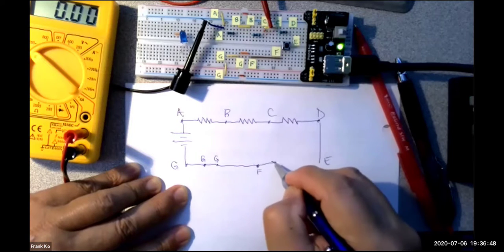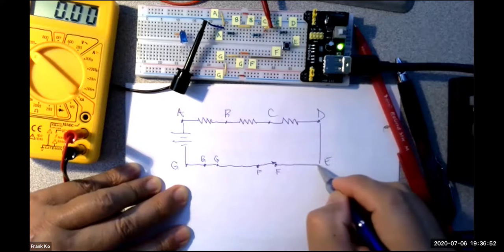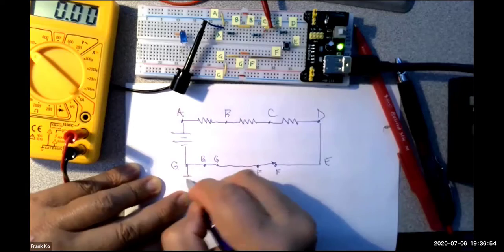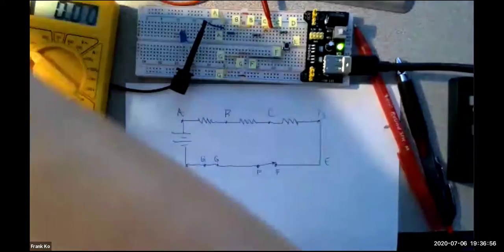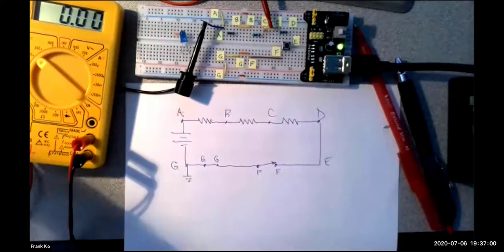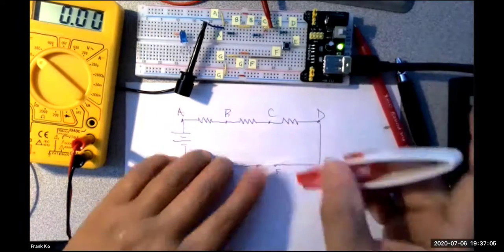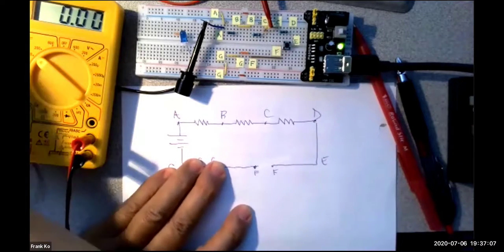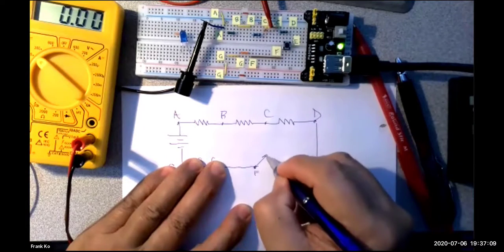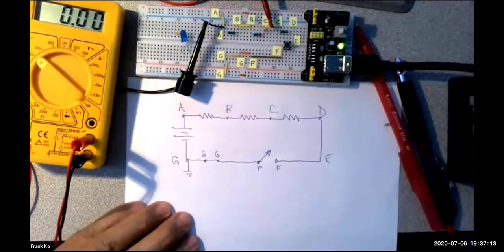This is point F. Here's our switch, but it's closed. So this is also point F. And then here is ground. Oops, I meant to show that as open. I apologize. So I will go ahead and show this as an open switch. So now we have an open switch.